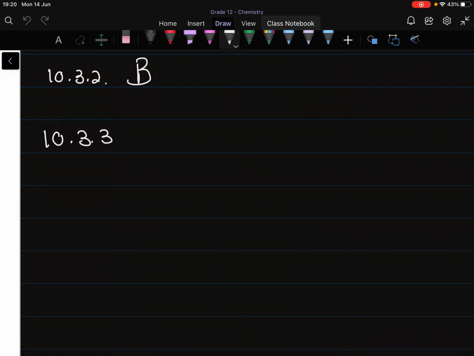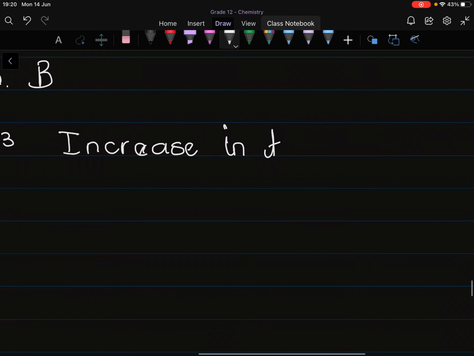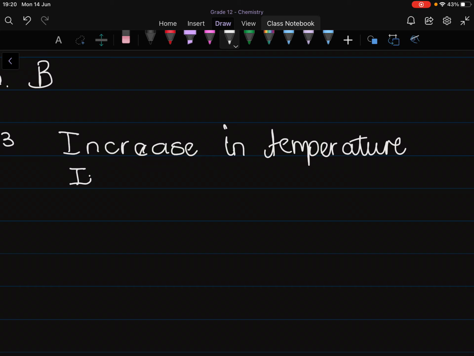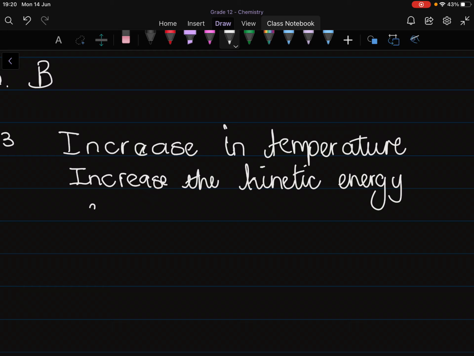Well, this is a set thing. So, when we increase the temperature, an increase in temperature, right, means that we increase the kinetic energy of the particles. Let's get this right. Right?